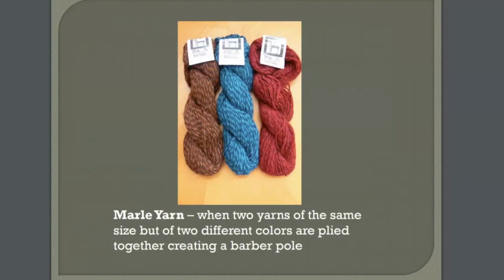This term isn't in your textbook, but I would like you to know what a marl yarn is. A marl yarn is when 2 yarns of the same size, it's a 2-ply, but of 2 colors are plied together, creating a barber pole effect.